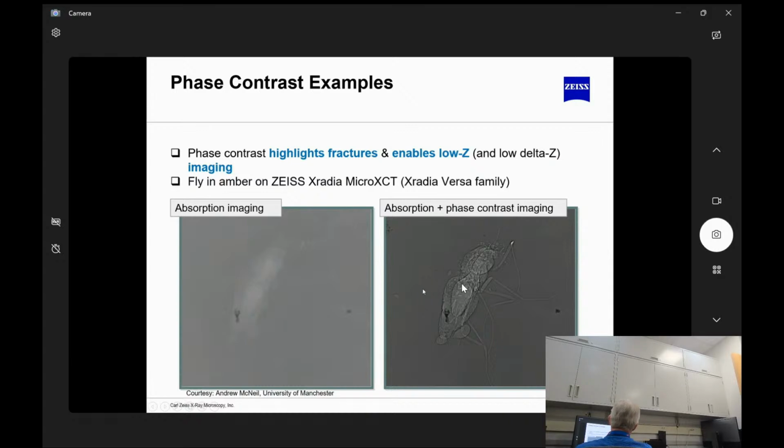Now, we can also stain that specimen, and we might actually get more information than this. But as a first pass, minimizing damage to the specimen, this is a good thing to do.